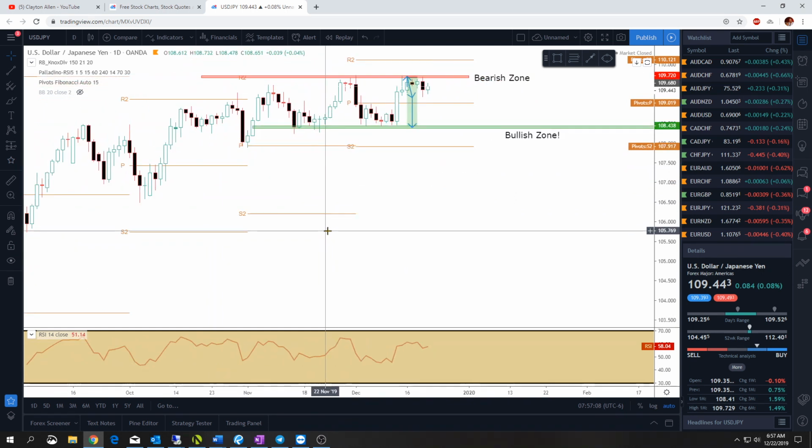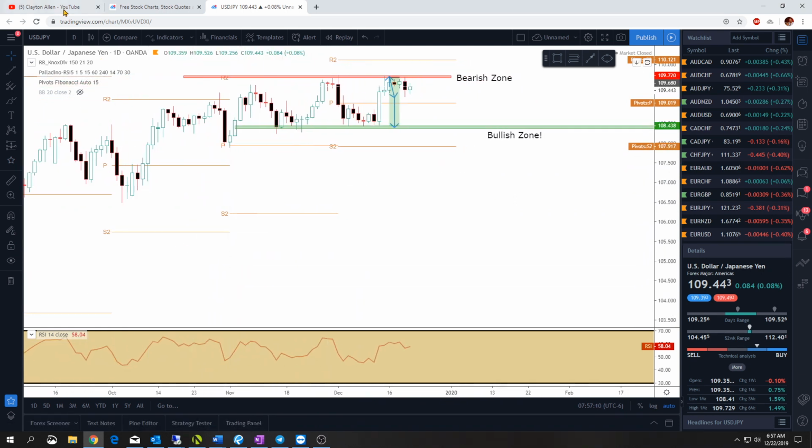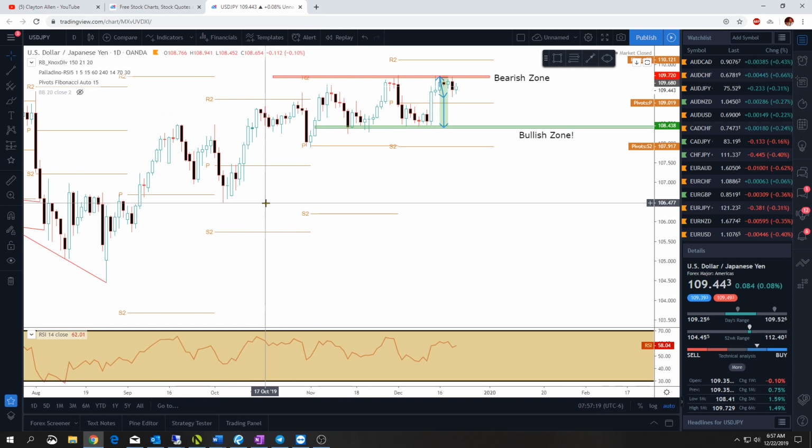So you can see I'm on the daily and price has just been kind of in this consolidation pattern on the daily. Now, what I would tell you guys is just like I said in the opening, price is going to break either down or up. But we have our support and resistance kind of on this channel, right? This sideways channel.